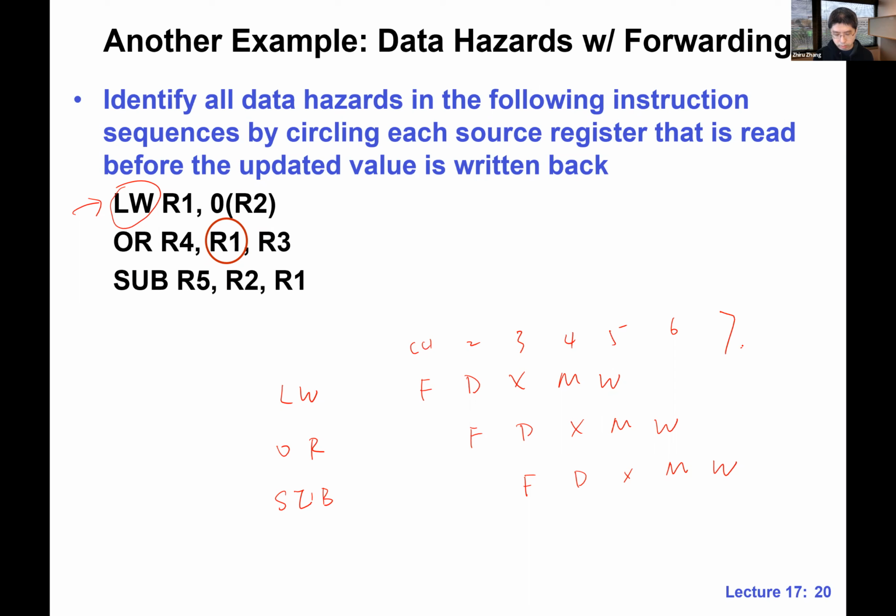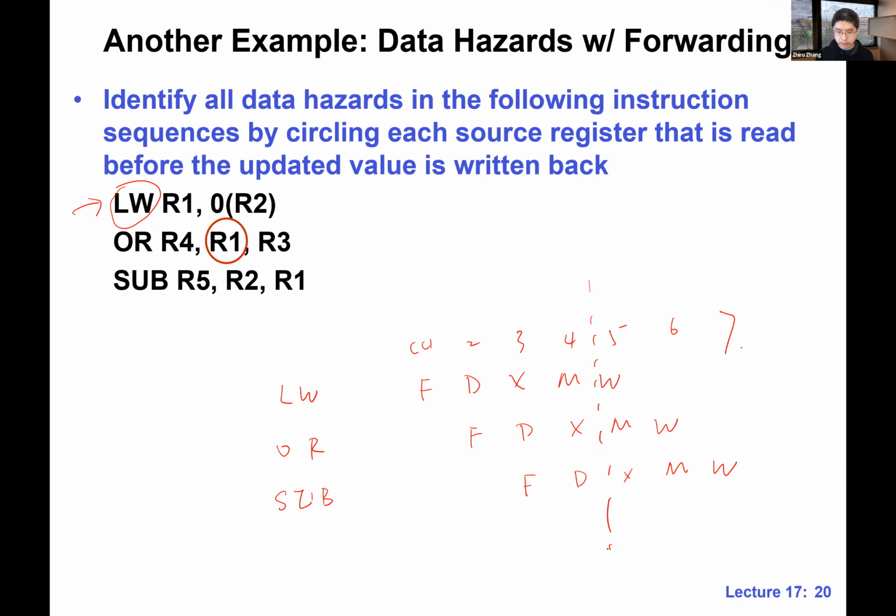We write back to the register file in the write back stage. But when's the earliest point where we can get R1? Right at the end of 4, maybe. So basically this point.